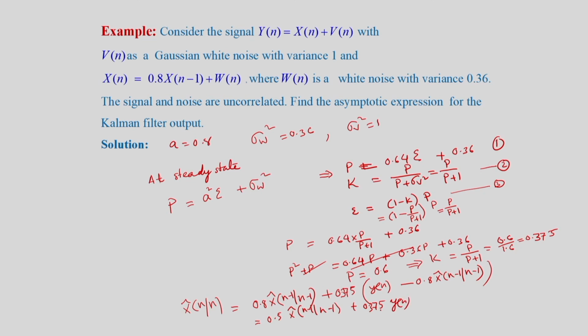So, this is the asymptotic equation for the Kalman filter output. That estimator is given by this expression: 0.5 times the previous value of the estimator plus 0.375 into the current data.